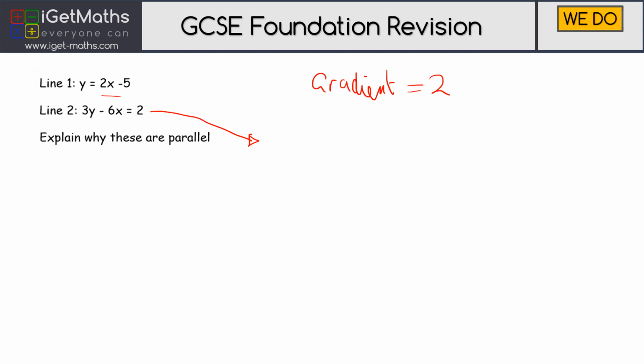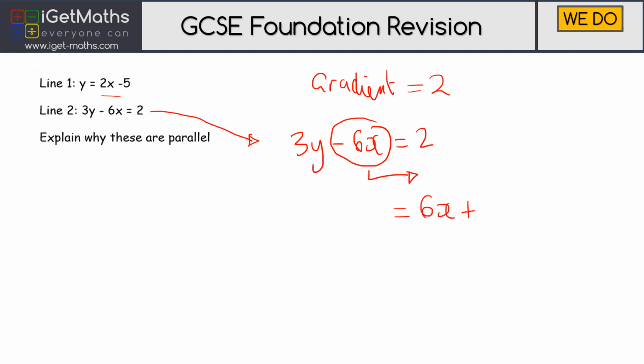So we've got 3y minus 6x equals 2. We're going to take this minus 6 over to the other side, and when we take it to the other side, remember we do the inverse, so it'll become a plus 6. So that's going to be 6x plus 2, and then we've got 3y. To get the y by itself, we're going to divide the whole thing by 3.